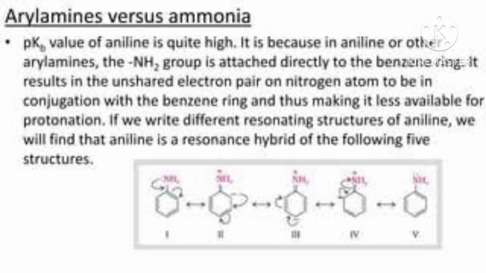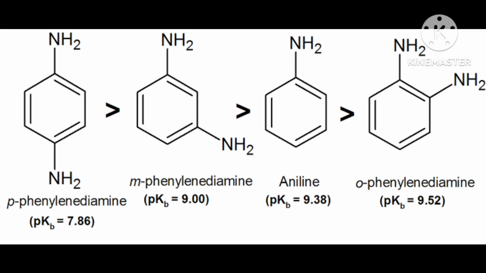Basicity of amines is related to their structure. Basic character of an amine depends upon the ease of formation of the cation by accepting a proton from the acid. The more stable the cation is relative to the amine, more basic is the amine. Okay, again you listen.